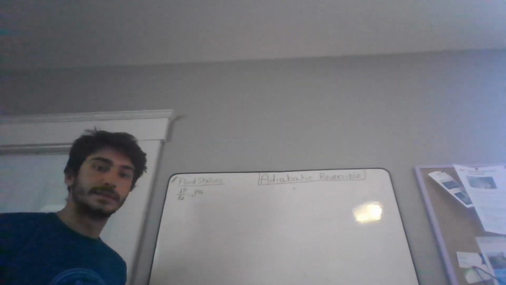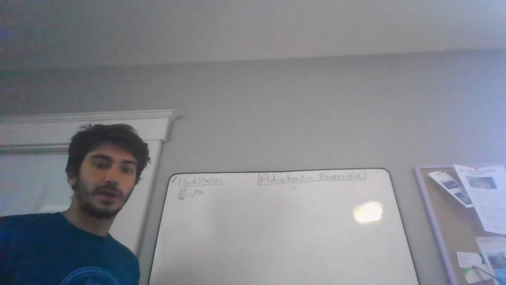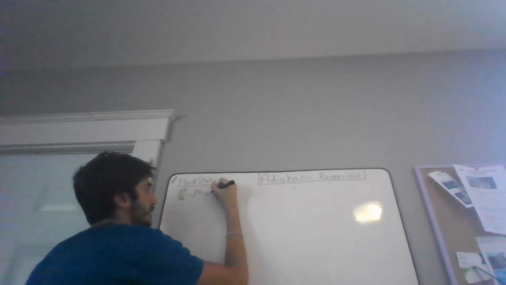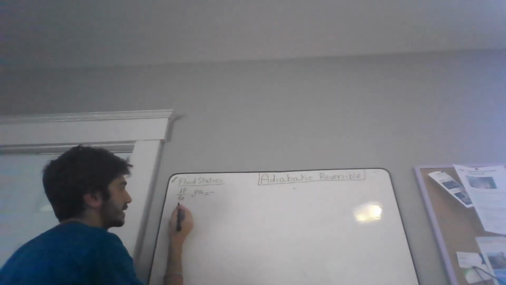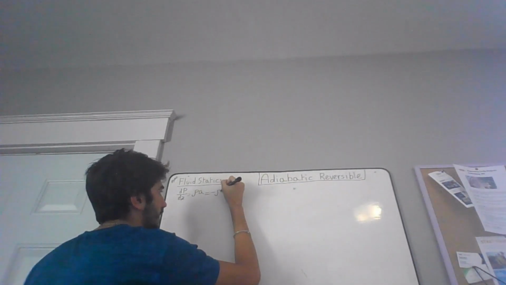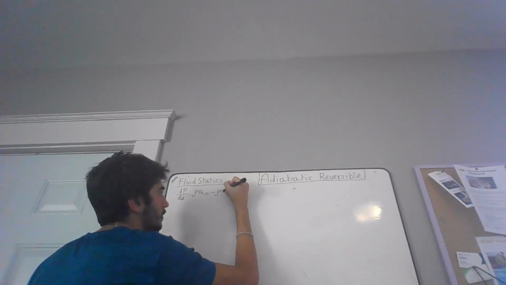And we know that as we go up it is positive, as we go down it is negative. So we can change this acceleration into negative g, so that the change in pressure with respect to the change in altitude is simply equal to negative density multiplied by g.